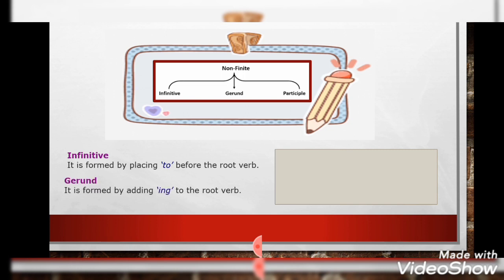Gerund, it is formed by adding ing to the root verb. And participle is that form of a verb which has characteristics of an adjective and adverb. Now participle can be formed by adding ing also, or by adding ed, es, etc.